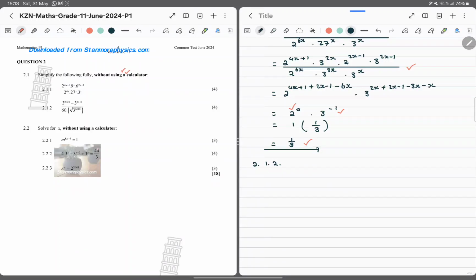So 2.1.2, we are given 3 to the exponent 2021 minus 3 to the exponent 2017, divided by 60 times the cube root of 3 to the exponent 6048.